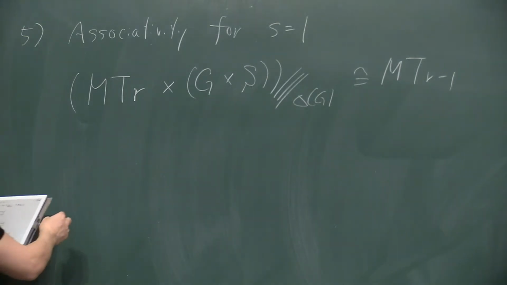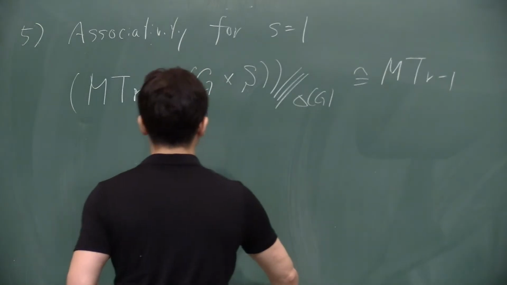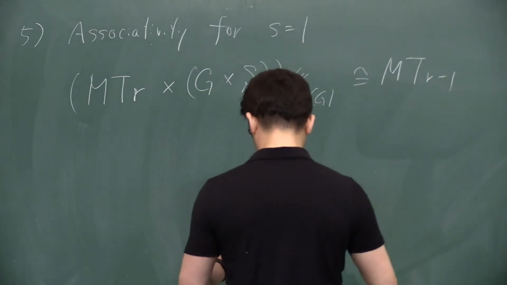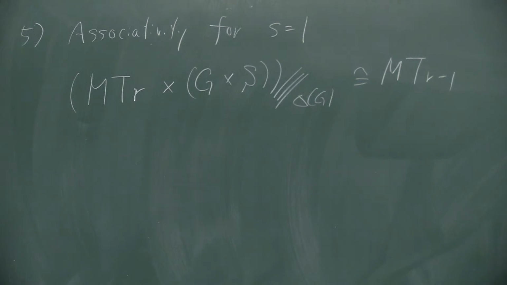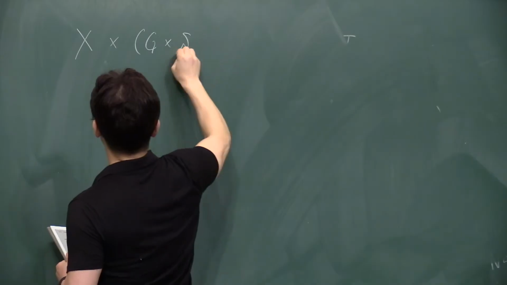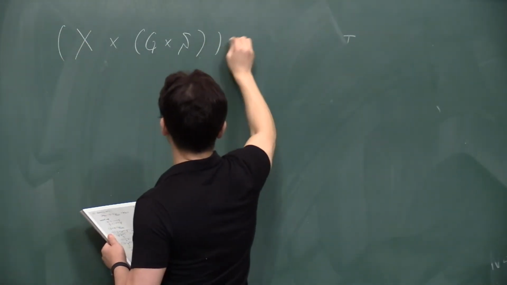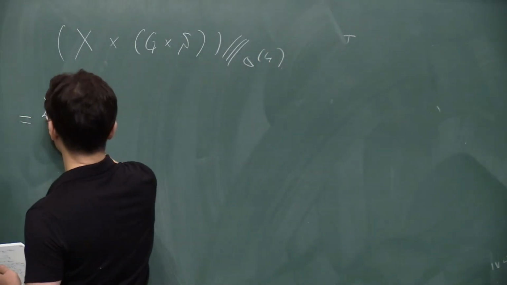So let's describe this left-hand side. In general, let's write X instead of MT_R. Then consider this. So this level set is a triple.